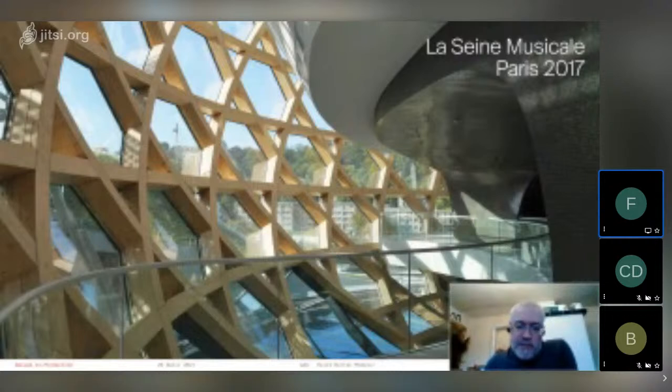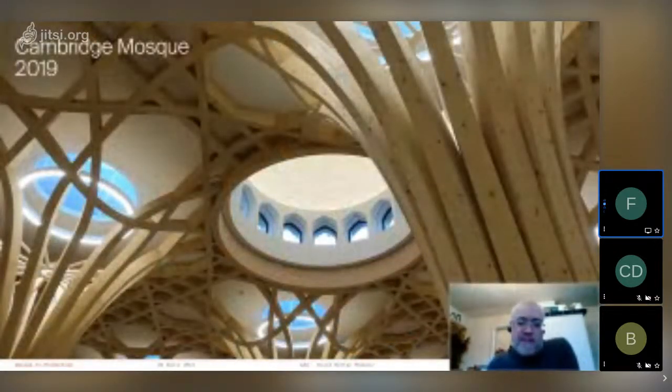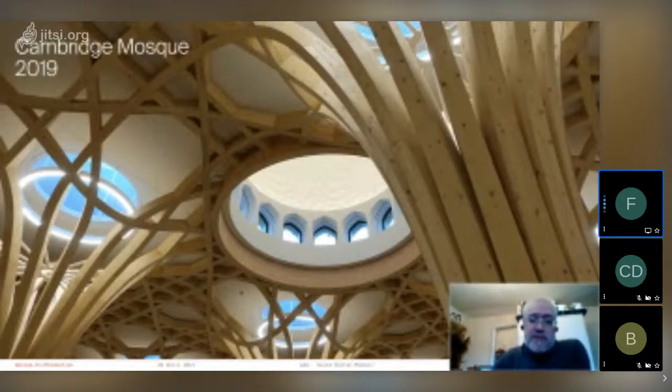It's a concert hall with about 1,500 seats, with a wooden grid shell around it that holds the glass facade. We also had the chance to build a mosque together with timber contractor Blumer Lehmann for Marks Barfield Architects in Cambridge, in the UK. That was opened in 2019.